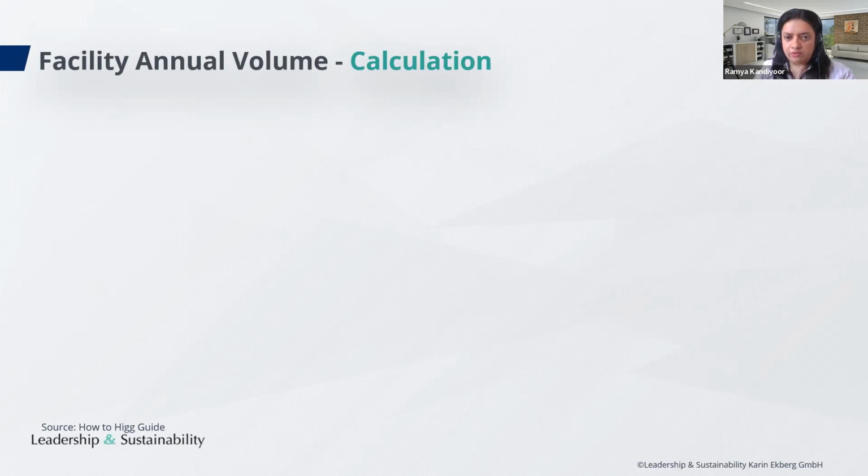Next question is, how can we ensure the accuracy and completeness of our data when we collect manually? Yes, for this, you would require to have responsible personnel who are allocated for the data collection, and also ensure that there is good sub-metering within your facility, so that you are able to capture all of the data and report it accurately.